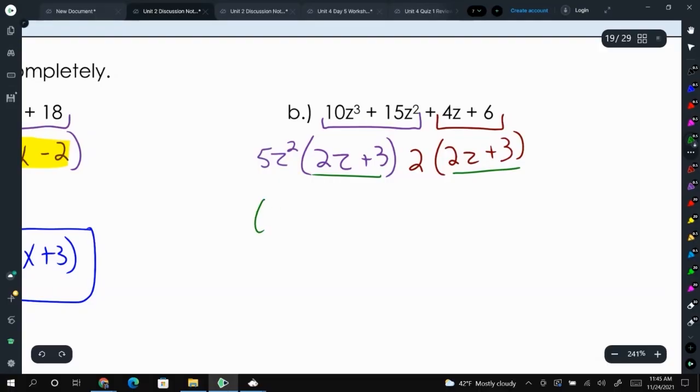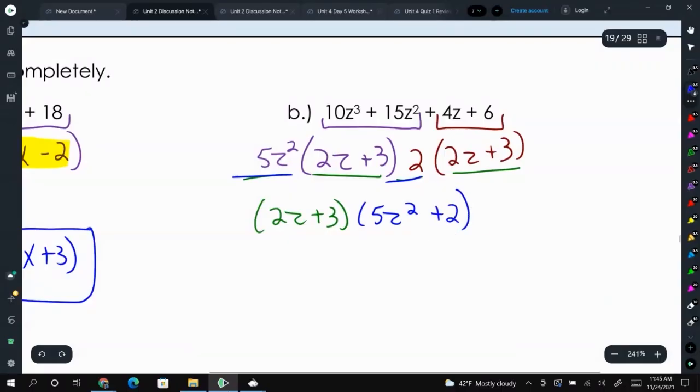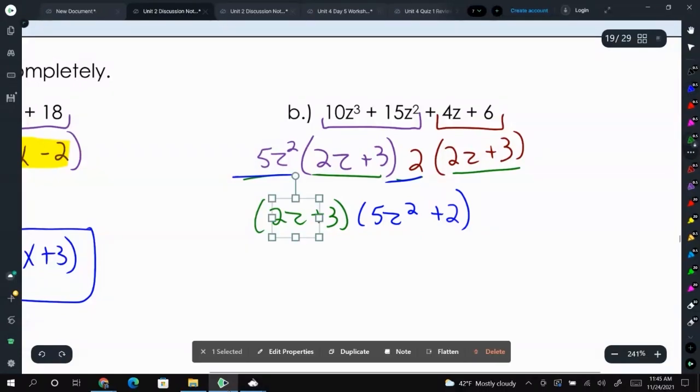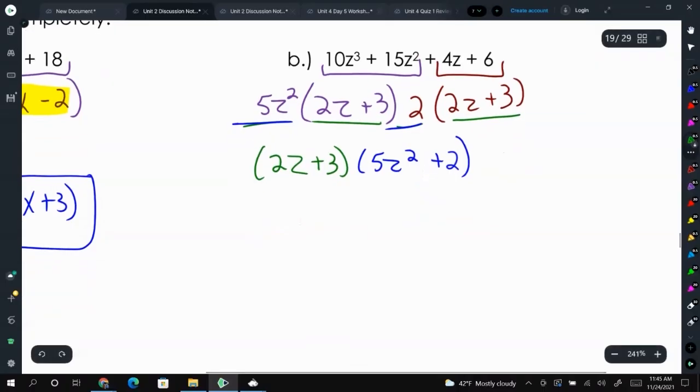We see this twice. It's the exact same thing, so 2z plus 3. And then our leftovers, 5z squared plus 2. And now I ask myself, can I factor any of these? And the answer is no, we cannot factor any of these remaining or resulting factors. So we are done.